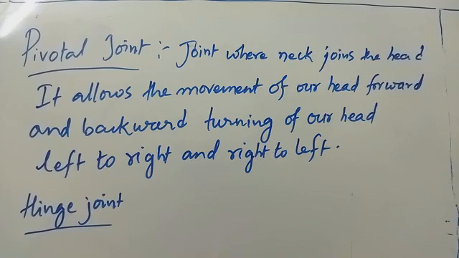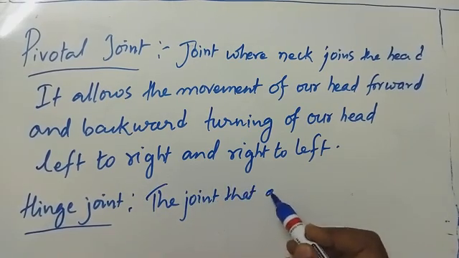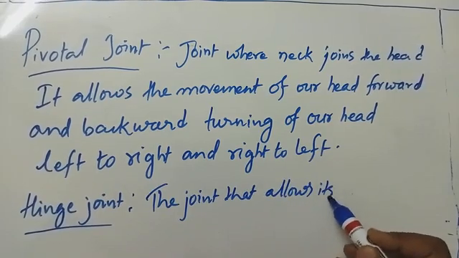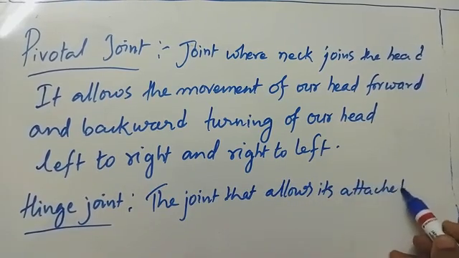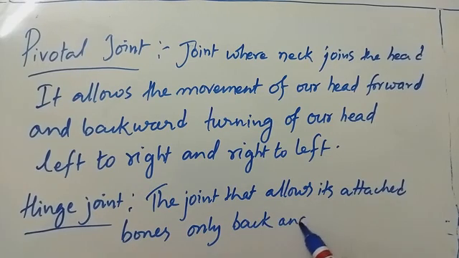The joint that allows its attached bones to move only back and forth means the movement is possible only in one direction, like elbow and knee.